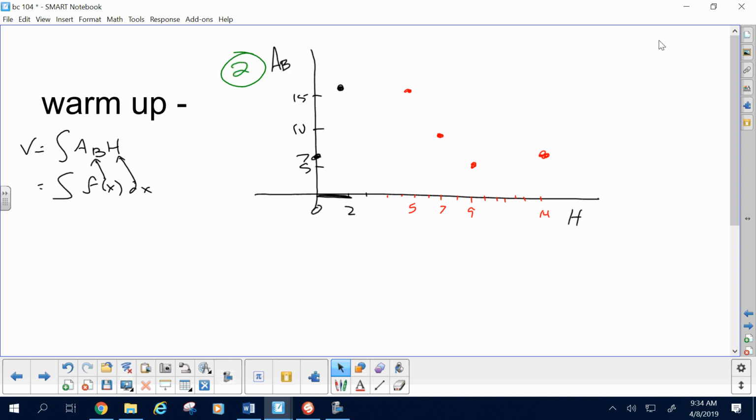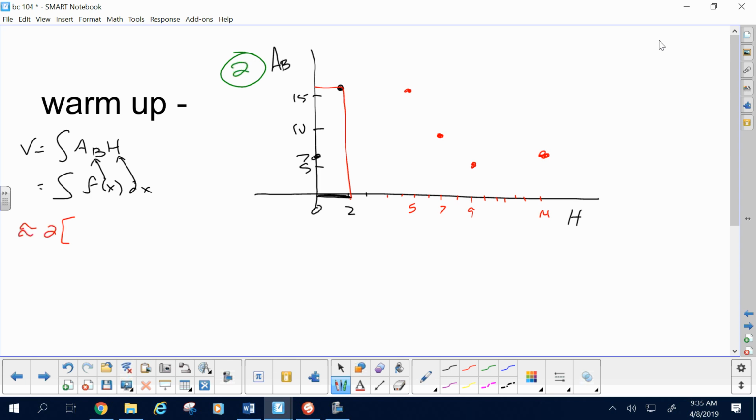The idea being that if you want to estimate the true volume of this, but with only limited data to go on, then when you take a first right rectangle of that, and you say the delta x or delta h is 2, in the cross-sectional area, do you use the cross-sectional area at 0 or at level 2?